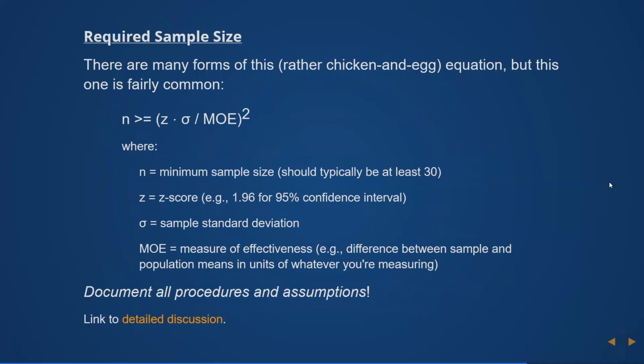So required sample size, there are a few different versions of equations you can use. This is one common form of it. It's something we usually use in data collection of border crossings when we were doing video and in-person data capture and breakdown.